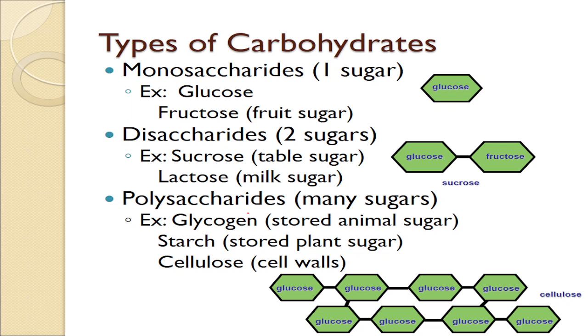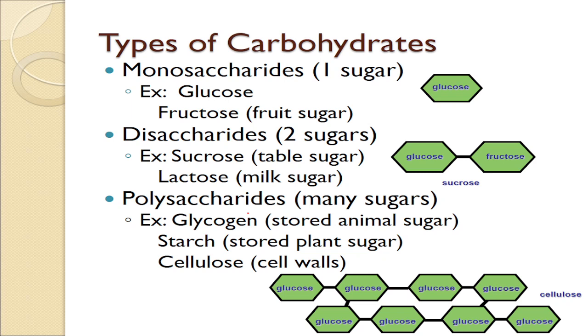We have polysaccharides, many sugars. Polysaccharides have medicinal value, and there are studies that they can prevent cancer, and there are many types of polysaccharides available in plants. So if we go green, we're going to be healthy.